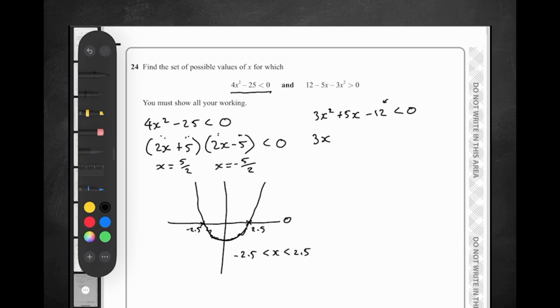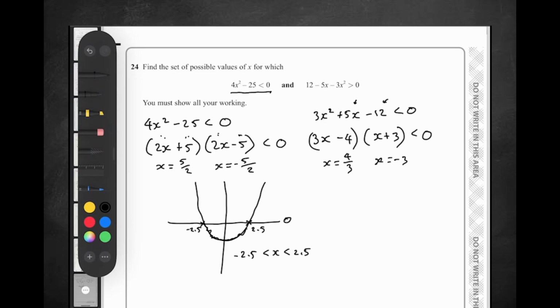And when you multiply all the four numbers together, you're going to end up with plus 5x. So 3x minus 4 and x plus 3 will be our factorization. Therefore, the roots of this one are going to be x equals 4 over 3 and x equals minus 3.